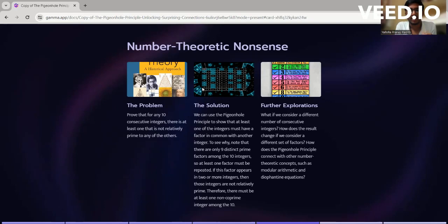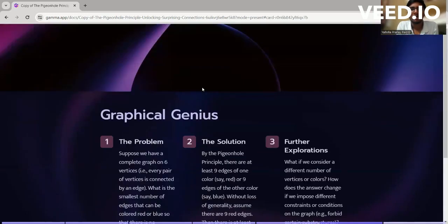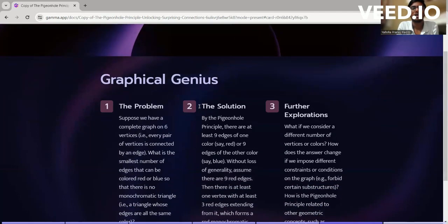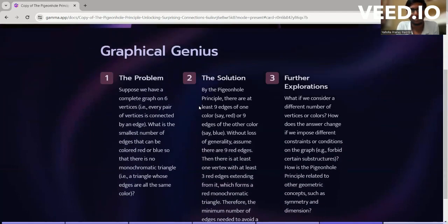If this factor repeats in 2 or more integers, then those integers are not relatively prime. Therefore, there must be at least one such integer among the 10. So here we got the proof. If you want to explore this further, you can use the pigeonhole principle in modular arithmetic, Diophantine equations, and so on.